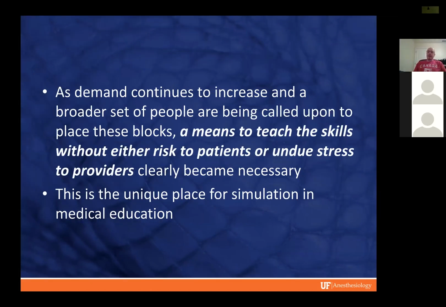So as demand for these blocks continues to grow, we're really thinking that this is a tool that can be used to teach some of the skills without really having to induce the sort of stress that's associated with, you haven't done this before, you've had maybe a brief lecture about the anatomy, or you've read some about the anatomy, and now you're in the operating room and somebody is instructing you hands-on how to place this needle in another human being, and there is that sort of natural concern that you could hurt somebody.